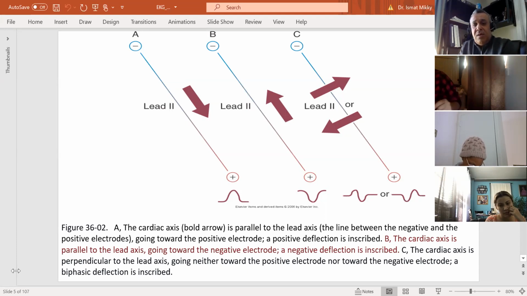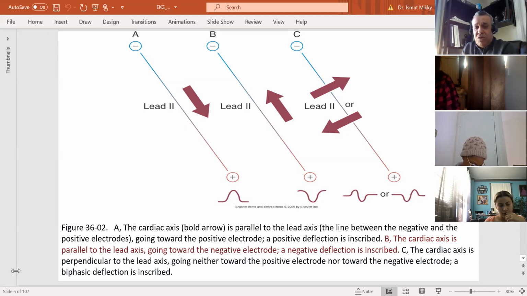So when we say P wave, QRS, and then the T, as you review the strip, we will use only one lead EKG. We are not going to do the analysis using the 12 lead EKG.